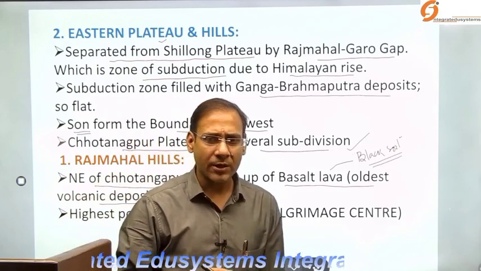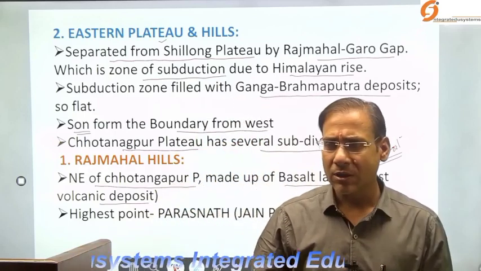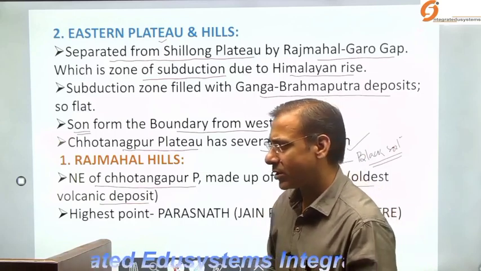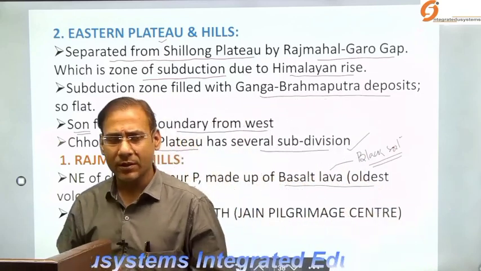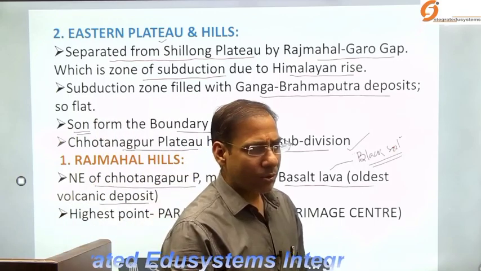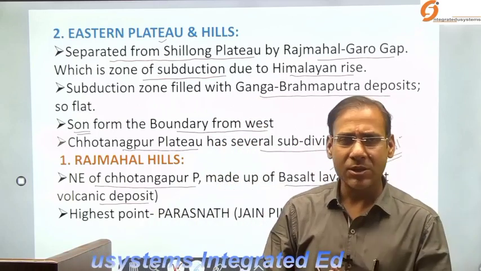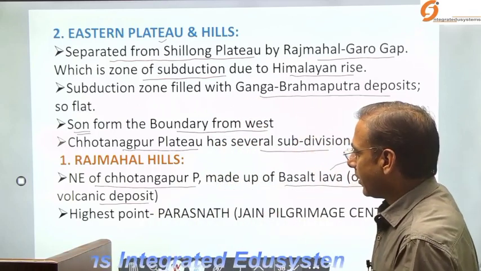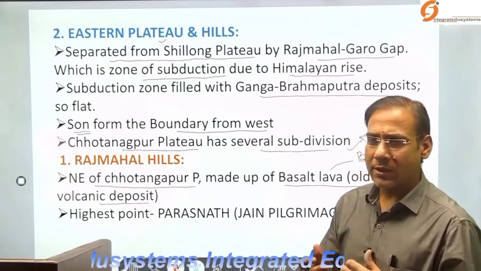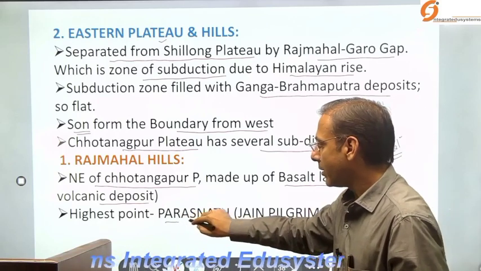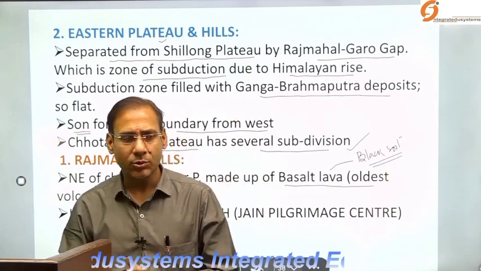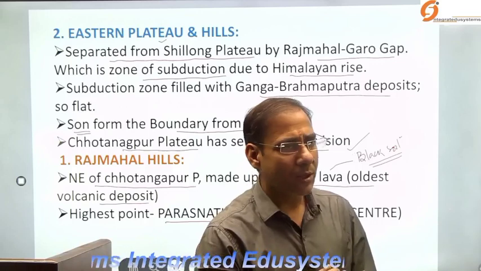But ये ड्राई होते हैं तो फट जाते हैं। ब्लैक सॉइल की फीचर क्या है, जब ये ड्राई होंगे तो इनमें दरारें पड़ जाती हैं, क्रैक्स क्रिएट हो जाते हैं। इजी नहीं होता कल्टीवेट करना, इनको इरिगेट करना पड़ेगा कल्टीवेशन के लिए। लेकिन इरिगेट करोगे एक बार तो वाटर ज़्यादा समय तक होल्ड करते हैं। क्ले स्ट्रक्चर है, फाइन पार्टिकल है। Highest point of Rajmahal Hills, ये आपको याद करना होगा क्योंकि प्लेटू और हिल्स भी पढ़ रहे हैं। पारसनाथ नाम, जैसे मैं कल डिस्कस कर रहा था सतपुड़ा, मैंने आपको धूपगढ़ के बारे में बताया था। धूपगढ़ is the highest point.